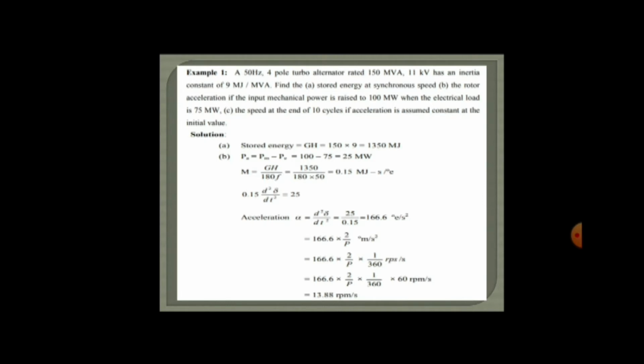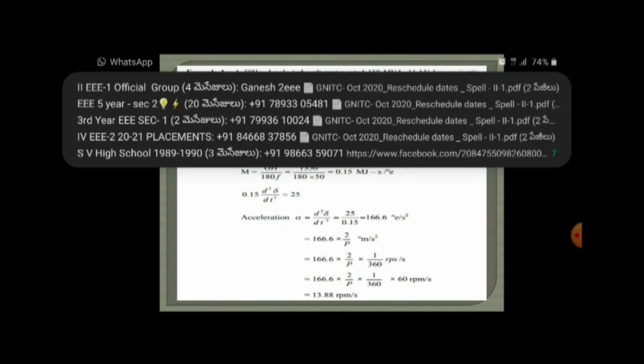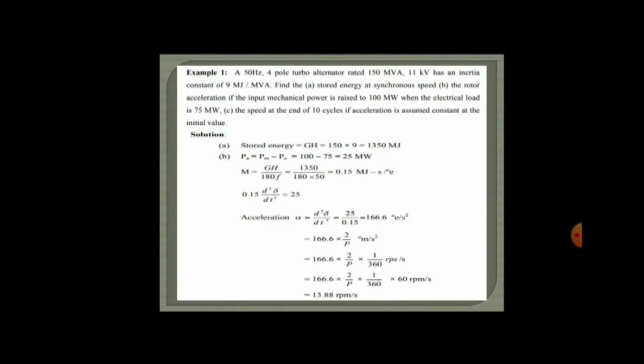This you have to convert into mechanical degrees per second square, by multiplying by 2 by P. Then to convert into RPS, revolutions per second, multiply by 1 by 360. If you want to convert into RPM, multiply by 60.